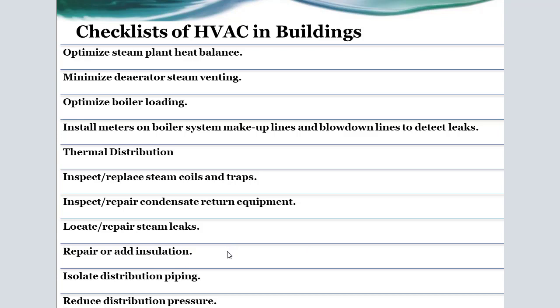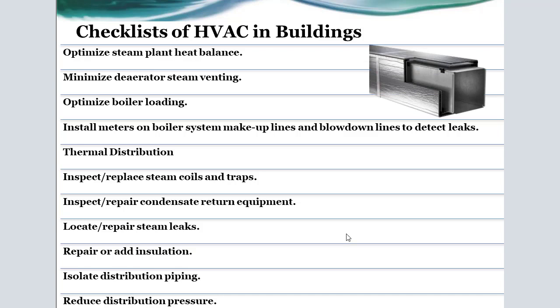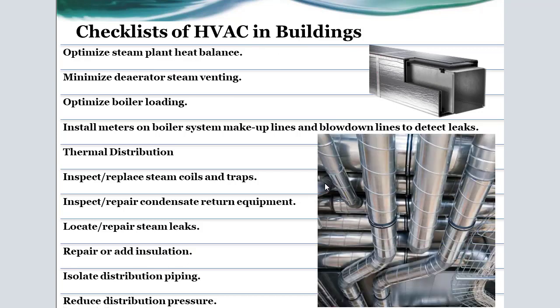Also pay attention to insulation of the piping system. As we see, this represents the installation of the ducting system for heating, ventilating and air conditioning systems, and this also represents the installation of the piping system from the source of air conditioning and ventilating systems in order to reduce heat loss and increase the efficiency of the system.